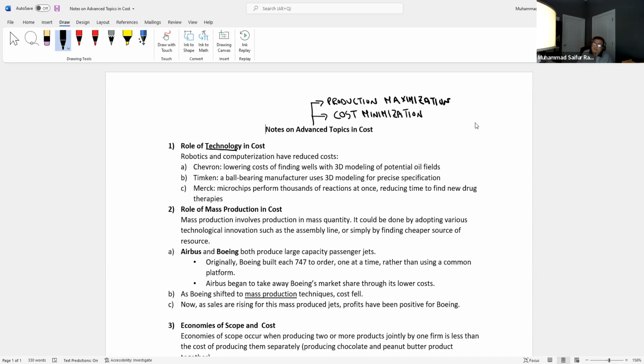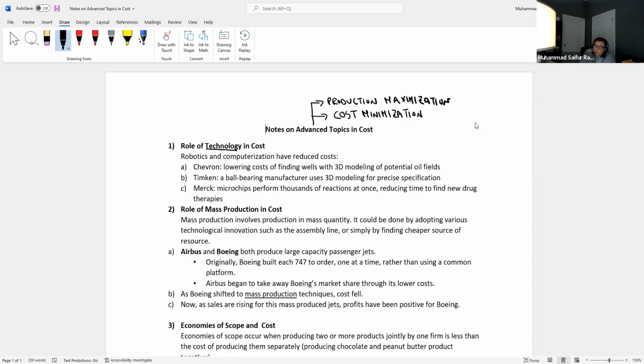But over time, those technologies can really pay for themselves, which means that most of the time these technological improvements in your production process might be helpful in the long run towards minimizing your cost, right?